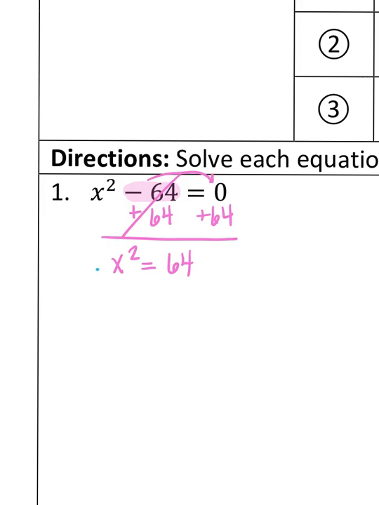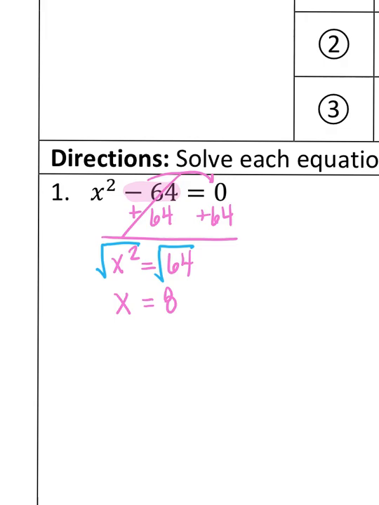Now we take the square root of both sides, and we get x equals, since 64 is a perfect square, the square root of 64 is 8.